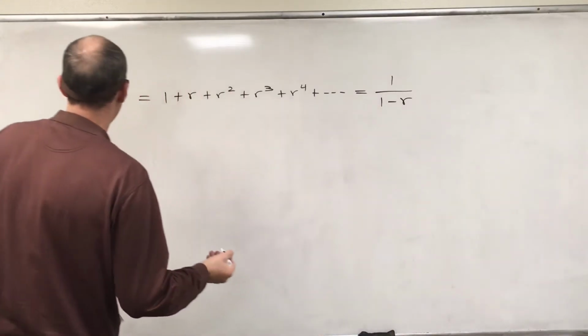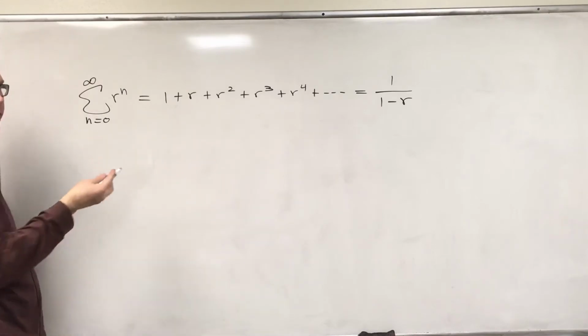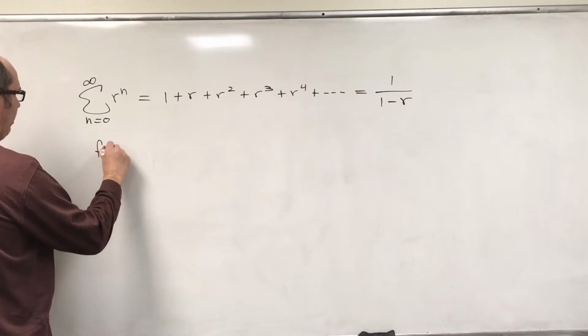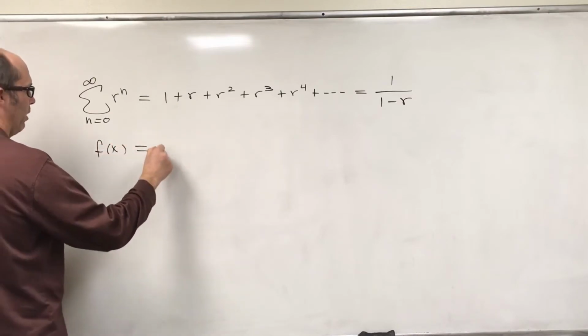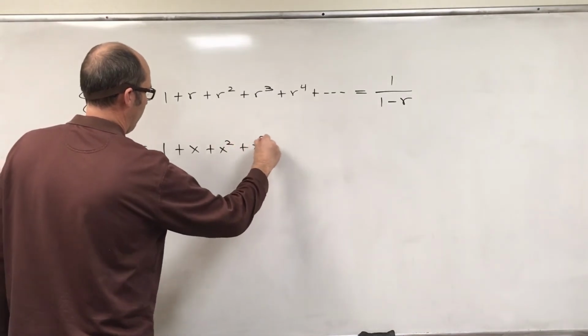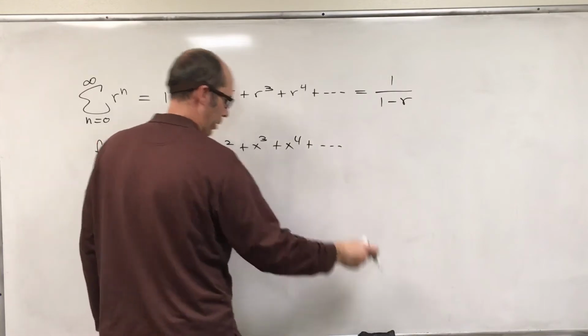Okay, so now a power series we can think of as an infinite polynomial. So I'm going to write this as f of x like so.